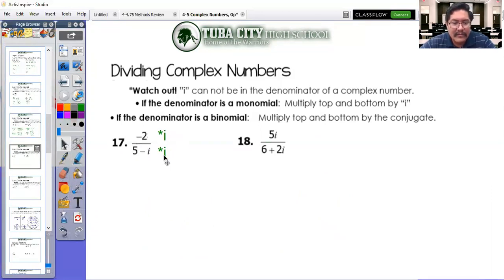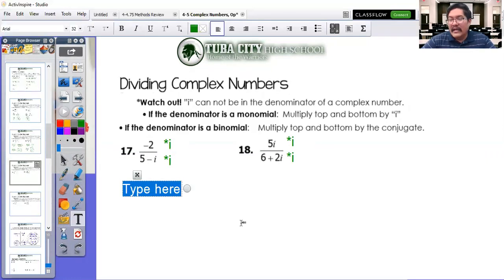All right, so this one might not be that different. It looks like we're going to have to multiply these by i again. But now we're working with the i on the bottom number. So for the top number, we only have one thing, -2 times i, so that's -2i.